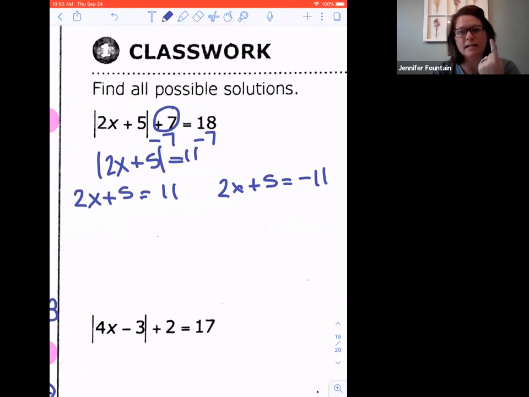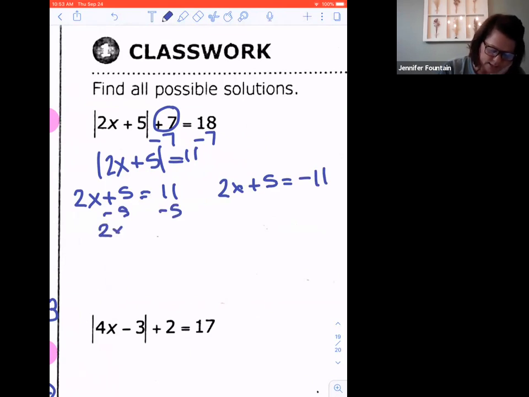So we isolated absolute value. We've set up our 2 equations. Now we're going to solve each of them. So 2x plus 5 equals 11. The first thing I need to do is subtract 5 from each side. So now I have 2x is equal to 11 minus 5 is 6. Divide by 2, divide by 2, x equals 3.